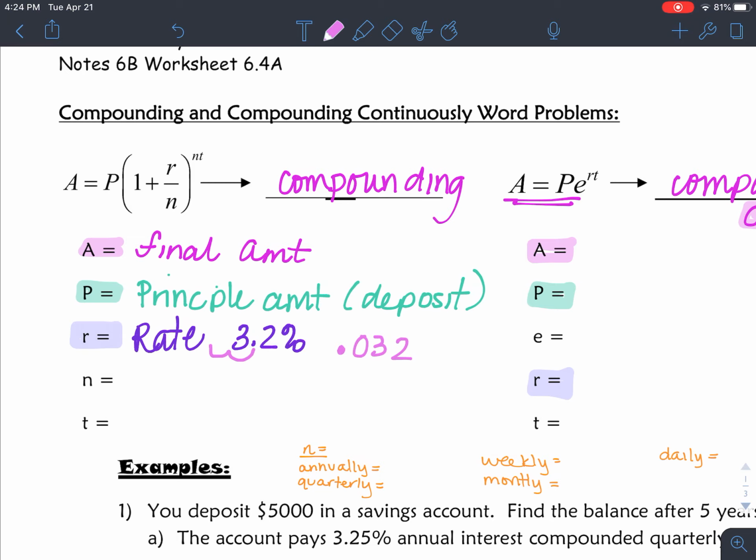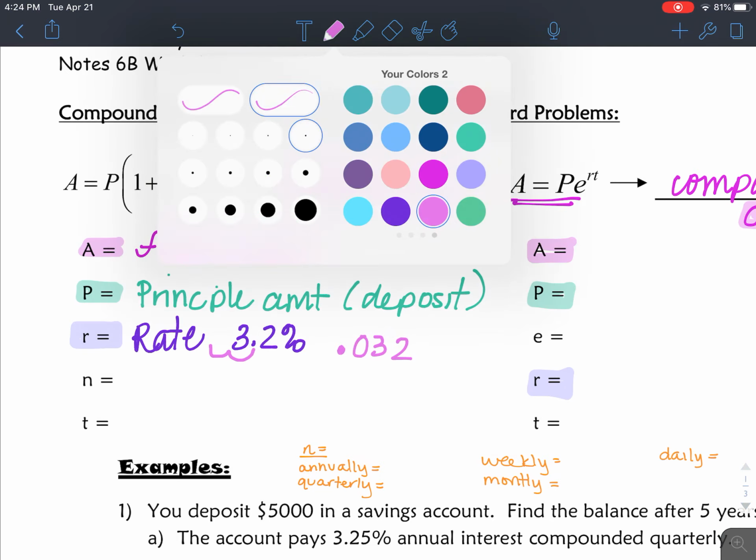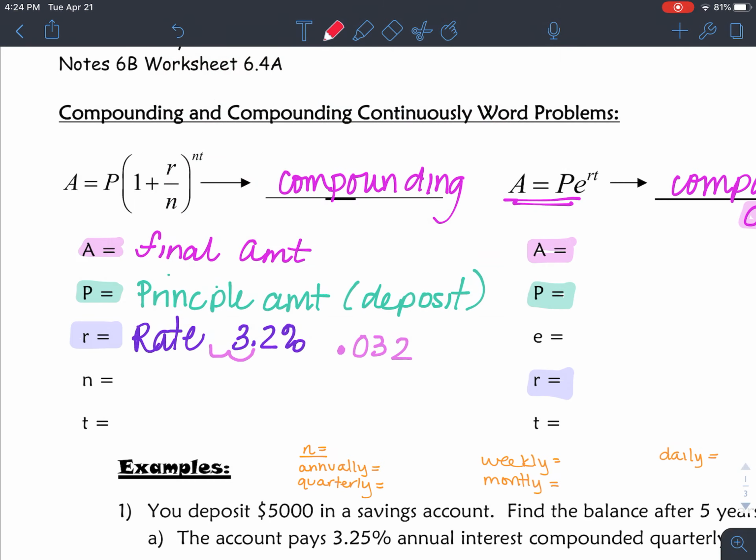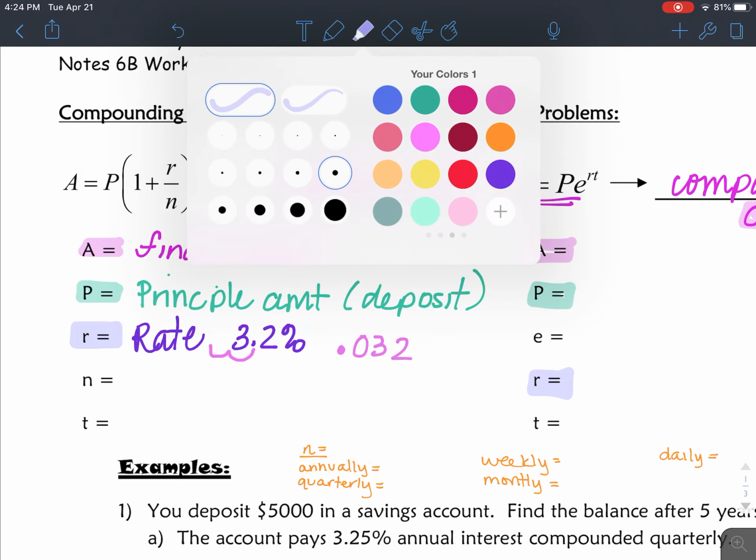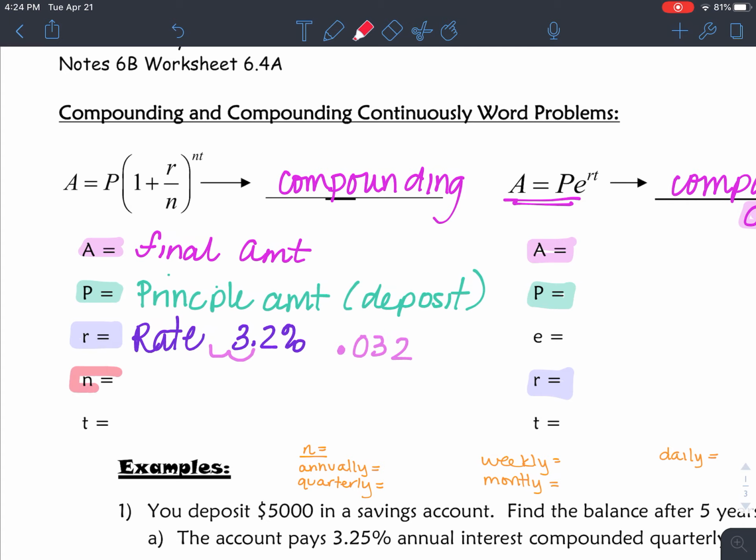Now, N on this side is not on the other side, so I'm going to make these in red that are not on each other's sides. N represents the number of times it is compounded per year.